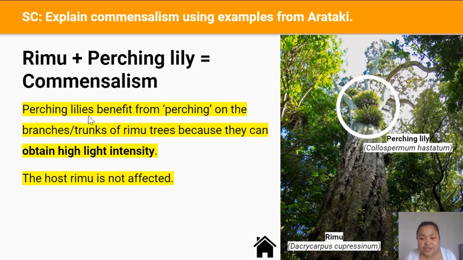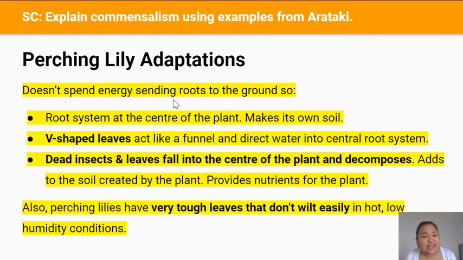They're self-sufficient because they don't spend energy sending roots to the ground, so they have to be self-sufficient in other ways. Well, they have a root system at the center of the plant, and this root system is able to make its own soil. You'll see later how. It also has V-shaped leaves that act like a funnel and direct water into the central root system.